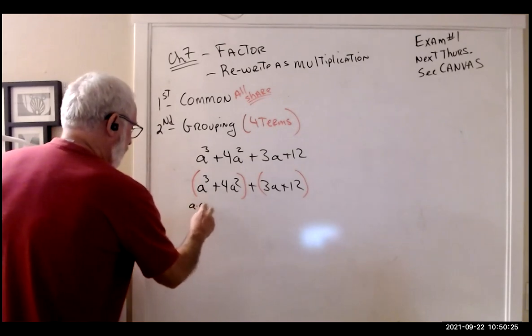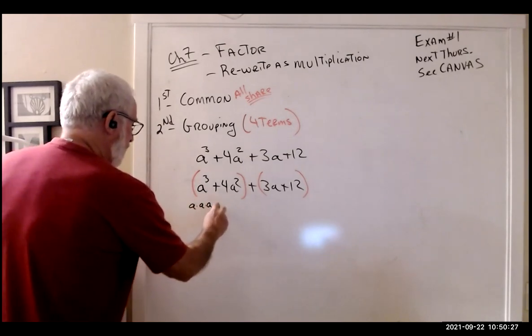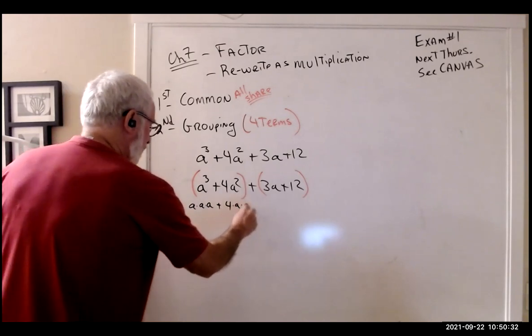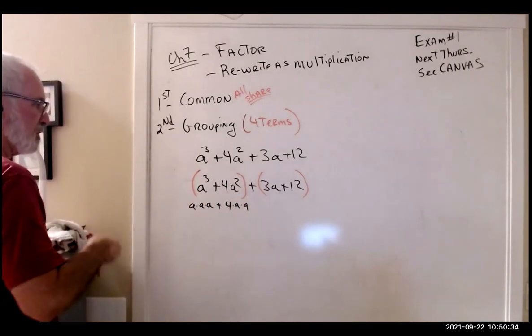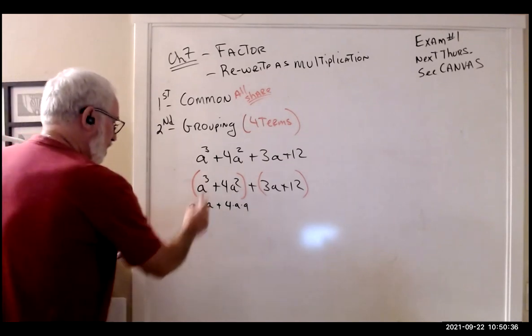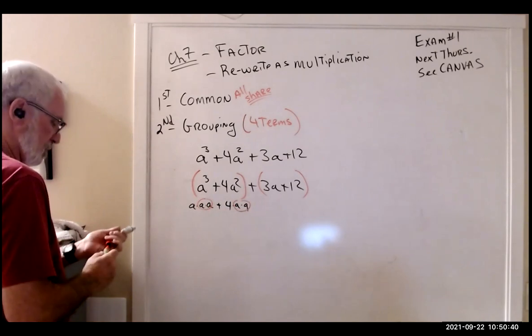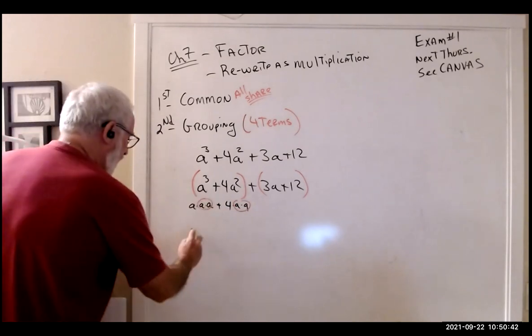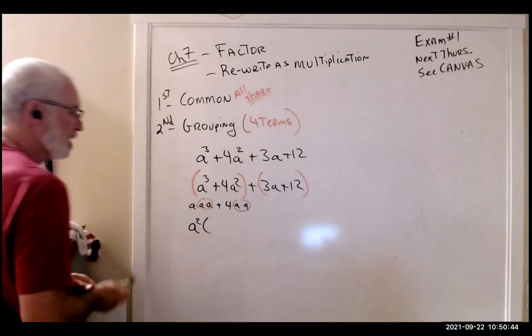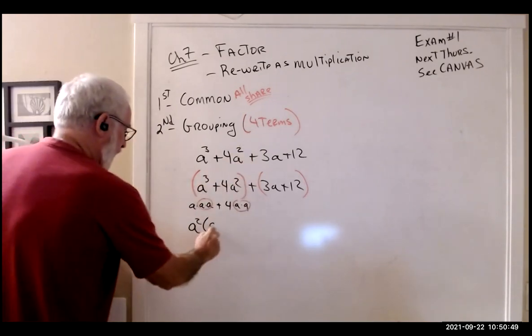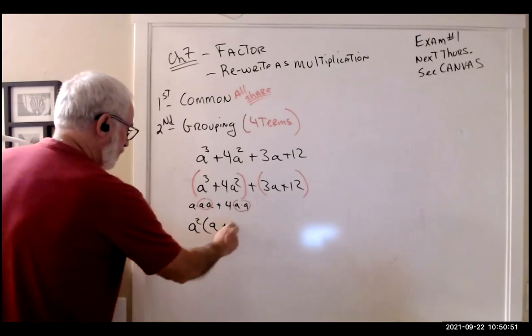If we write a cubed, you got AAA. 4 is AA. So when I look at this, I see this has two A's and this has two A's. So they have a to the second in common. And what falls together? The A plus the 4.